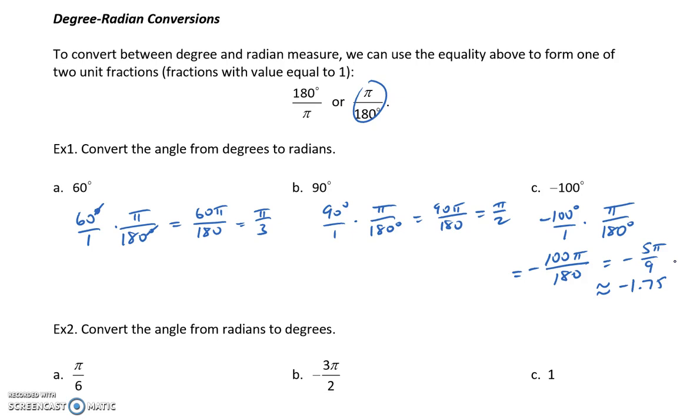So we have exact radian measure, negative 5 pi over 9, or approximate radian measure, negative 1.75. Usually what we're going to want to do is to try to represent radian measure in exact form whenever possible, and only use approximations if it's really necessary to do so.